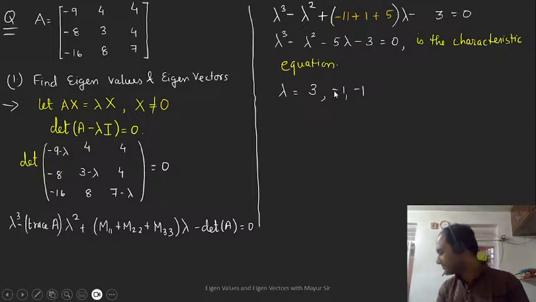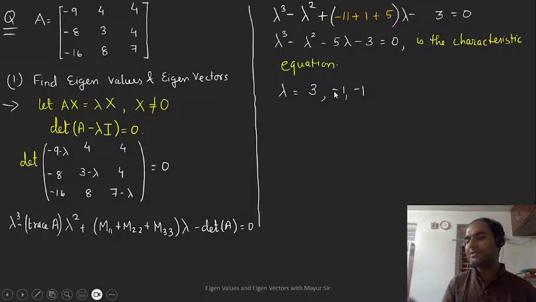Got that? So the logic here is minus 1 is repeated 2 times. Got it? Am I clear on this? Or do you need any explanation for this?